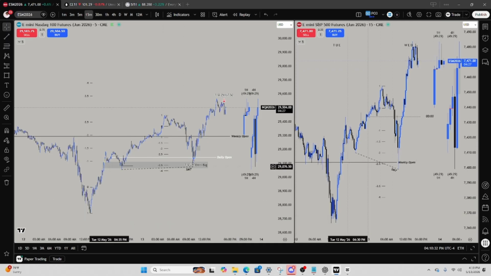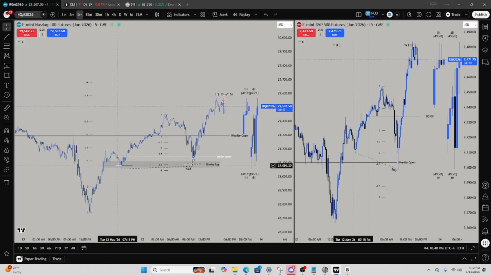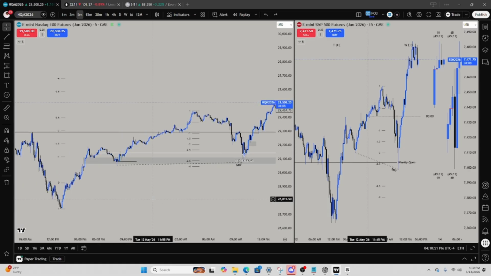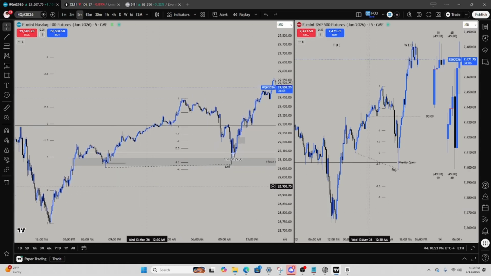We see price comes into, not only that, this 15-minute gap right here, which was a very, very important zone, because I want you to see how heavy buyers stepped in at this point. We moved a little bit past the -1 standard deviation here, and we continue to uphold and support this 15-minute fair value gap.